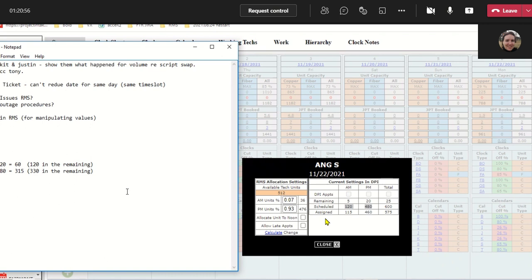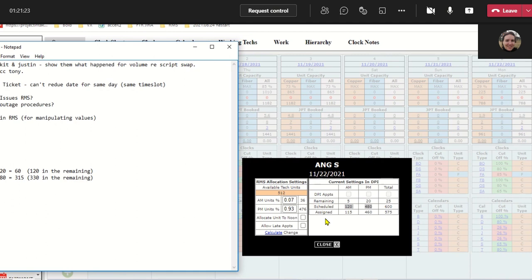So these numbers, if you pretend they don't exist for a minute, we've calculated based on the threshold of 65% and the work units, blah blah blah, we get 512. We break that up 7%, 93% into this 36 and 476. 36 AM, 476 PM.